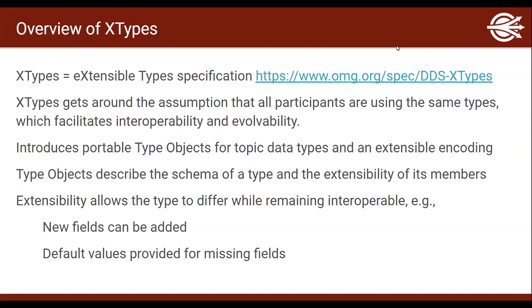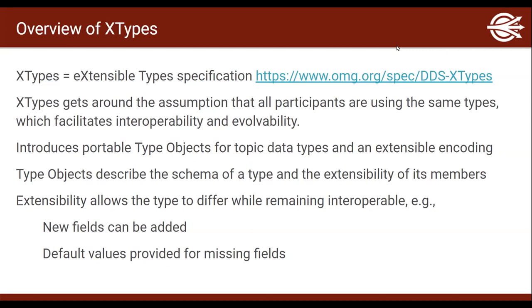A type object describes the schema of a type and the extensibility of its members. The schema is relatively straightforward. It just says that the struct has a field that is a double and named temperature or something like that. But the extensibility says how that particular type is allowed to evolve. For instance, a struct could have a new field added. That would be an example of mutable extensibility.